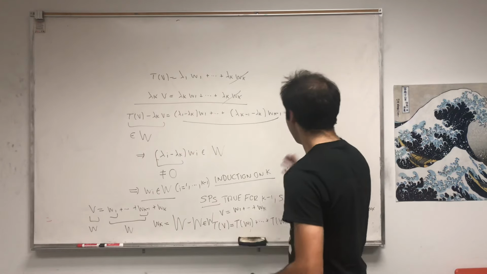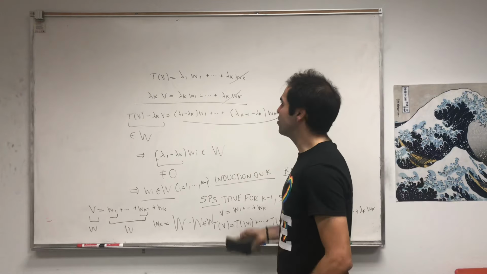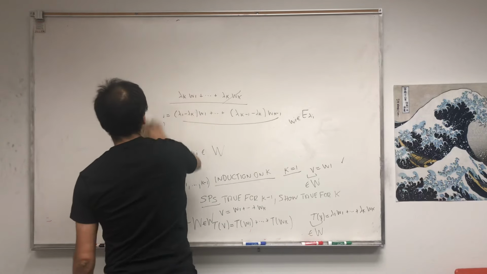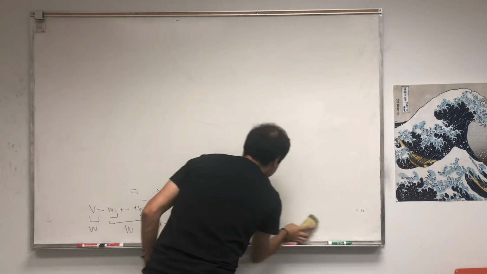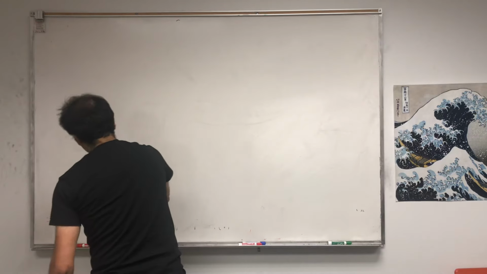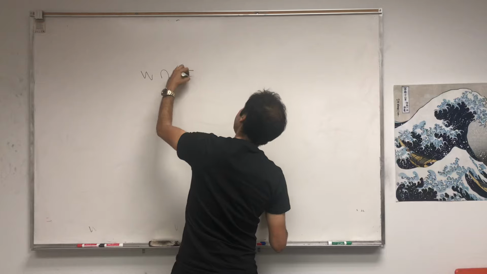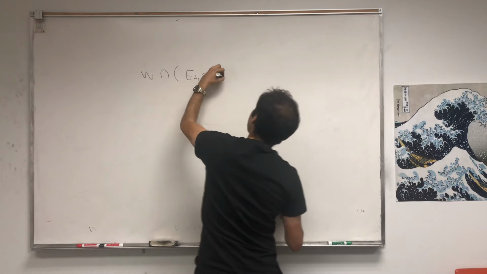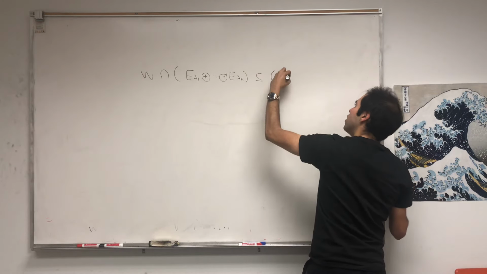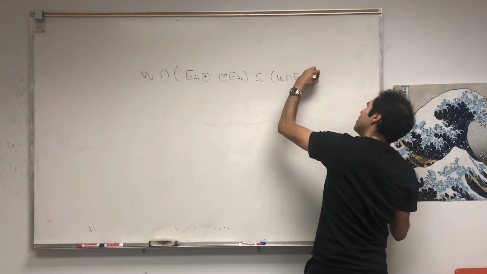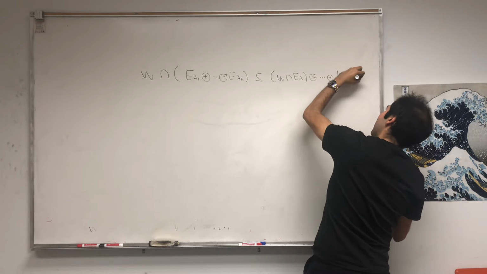So indeed, we have shown that if we have such a direct sum, then each of those components is in the direct sum. So what we have shown is that W intersect the direct sum E of lambda 1, direct sum, E of lambda k, is actually just a subset of W intersect E of lambda 1, direct sum, W intersect E of lambda k.